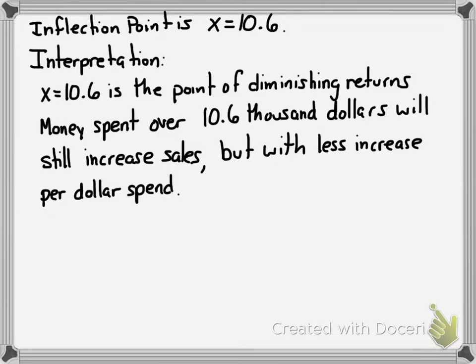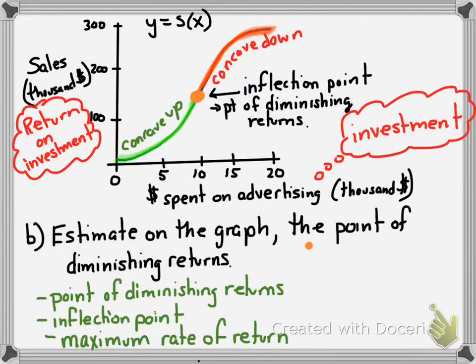All right, so that wraps up the actual problem. I do want to go back and double check that graph that we had. So our inflection point that we found is 10.6. That was our exact value. Let's go back to the graph that we drew here at the middle, where we estimated on the graph the point of diminishing returns.